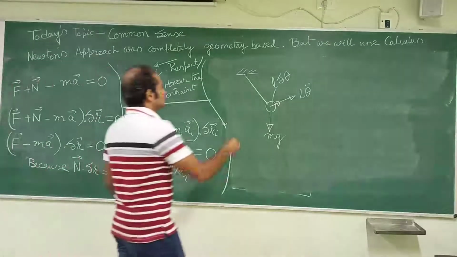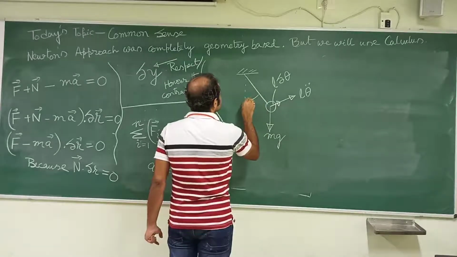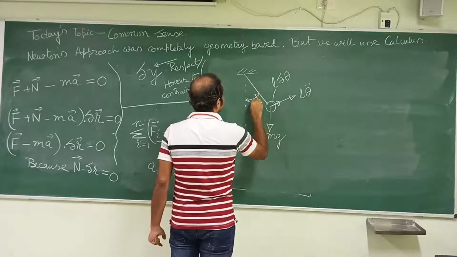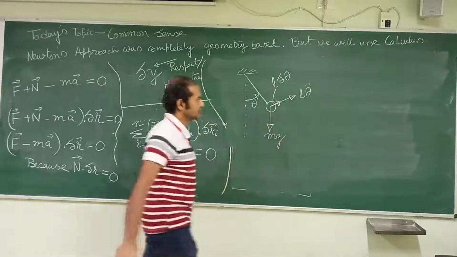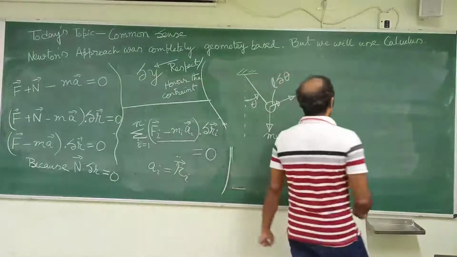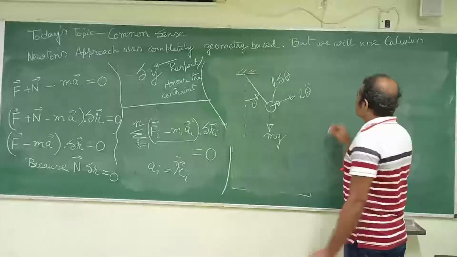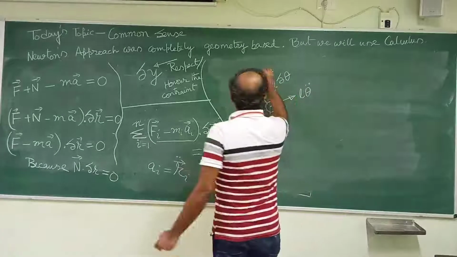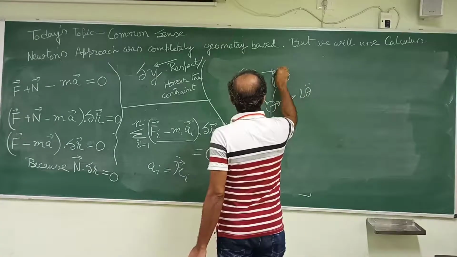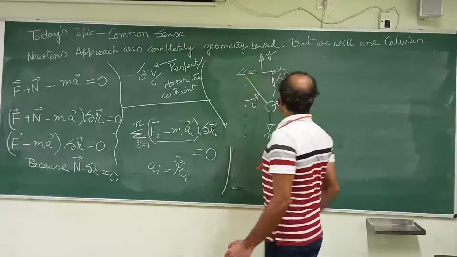Okay, and by the geometry, this angle is theta. What shall I write? Work done by the external force. As you understand, we have made the coordinates as x and y like this.